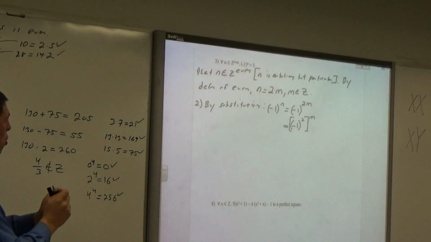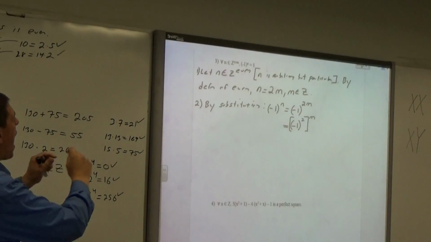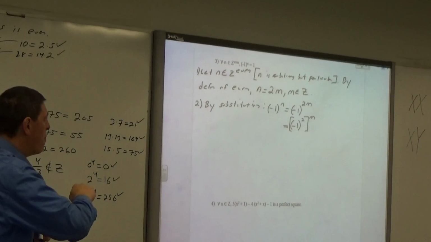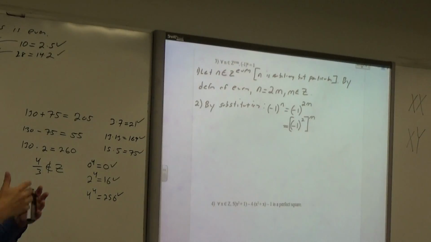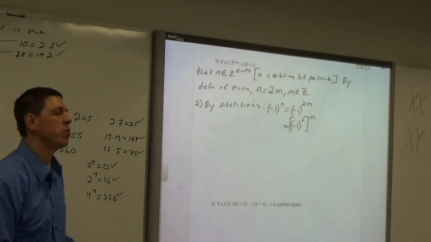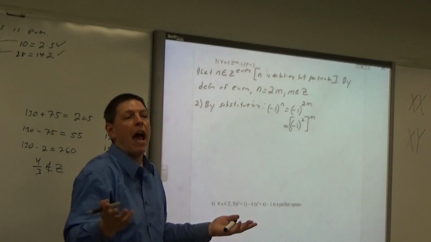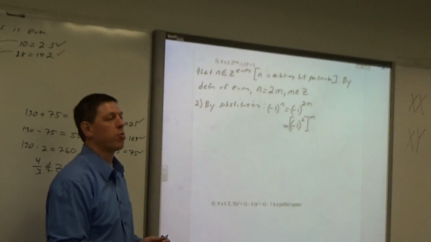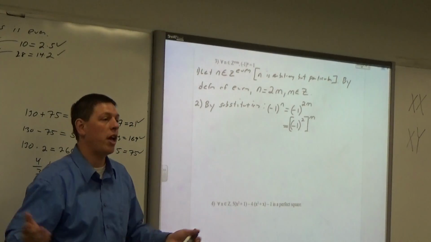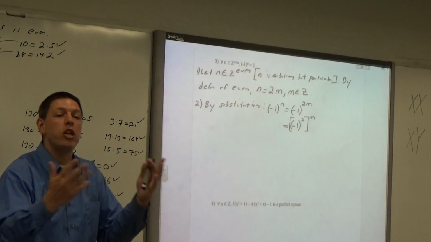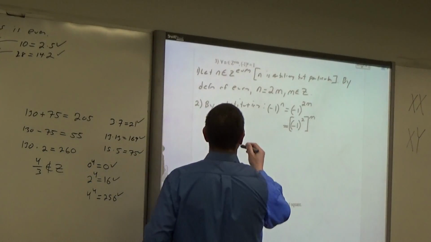Guys, isn't it true that you could factor off that m and just rewrite it like this? This is actually going backwards from something called the power of a product rule. We could just say factoring if you want to. Seems like we use factoring a lot. So remember when you guys were in Algebra 1 and your teacher said, you got to learn how to factor, and you're like, when am I going to use this? And you're like, never. Well, we actually use it now. So this is by factoring.